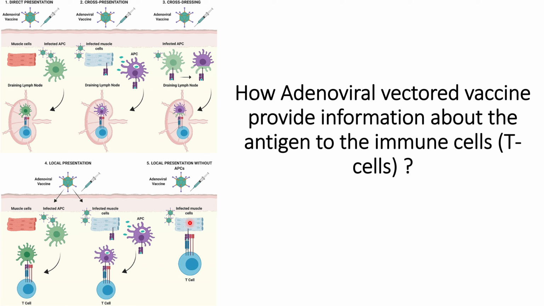So these are the different ways by which the adeno associated virus provides information to the immune cells to generate antibodies against the antigen information that is enveloped within the AAV vector.